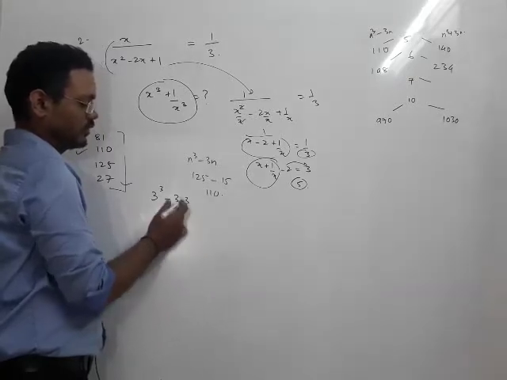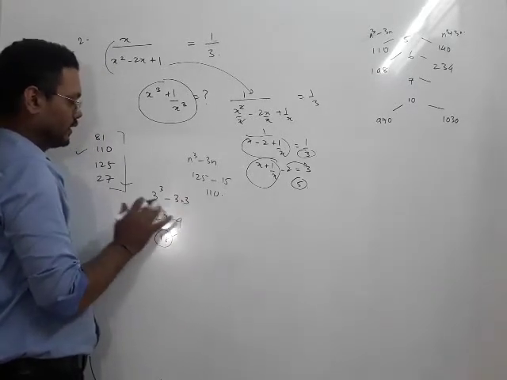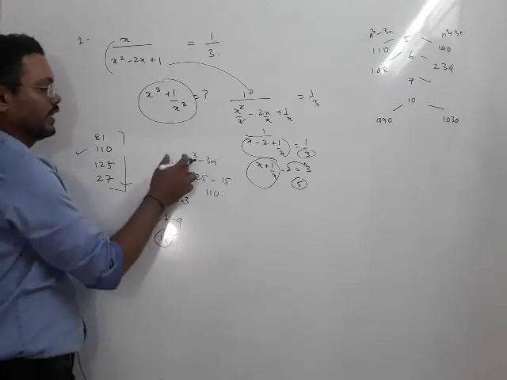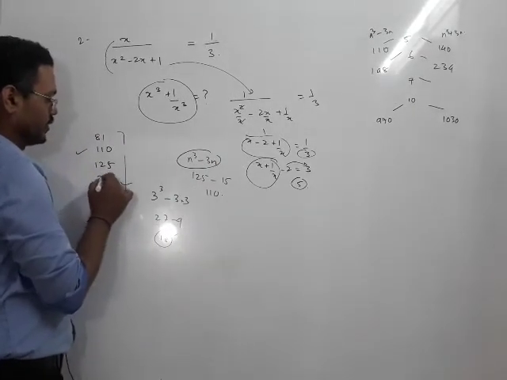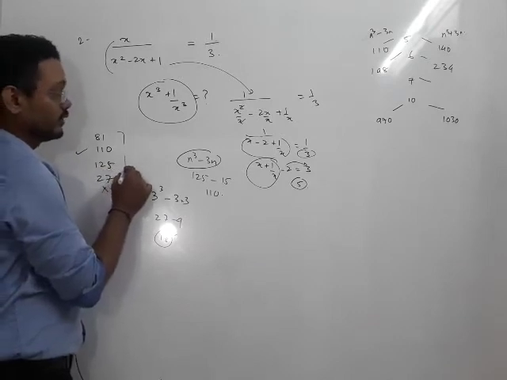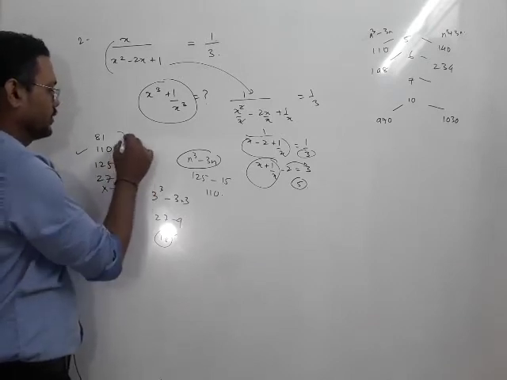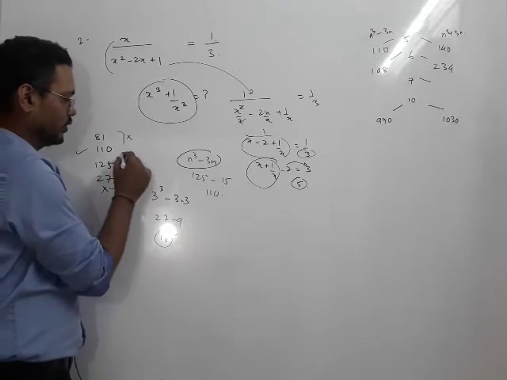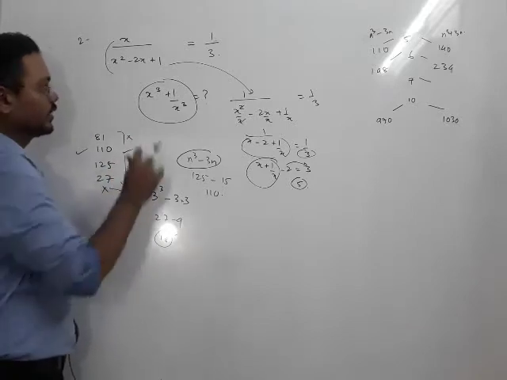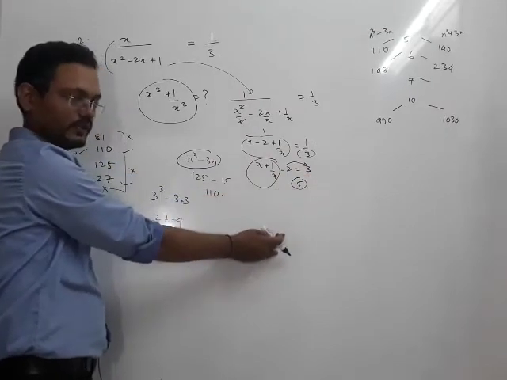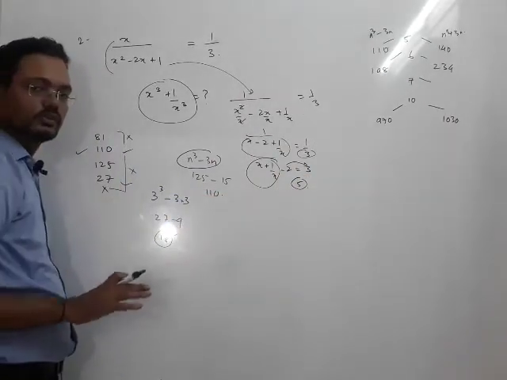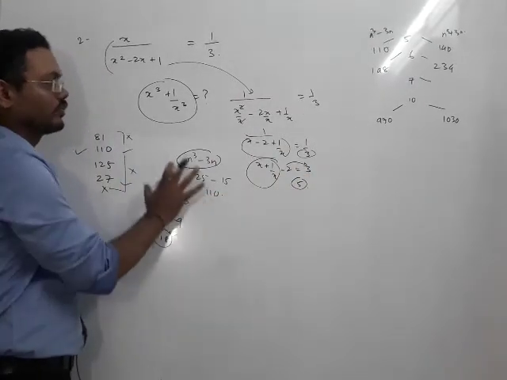If I have solved these questions many times, I know that in the range of 3, this value is never 27, it is never even 125, it is never even 81, it is always 110. So I don't even need to find the value of x plus 1 by x, and I can directly solve this if you are aware of this.